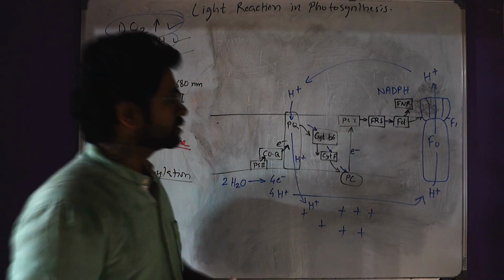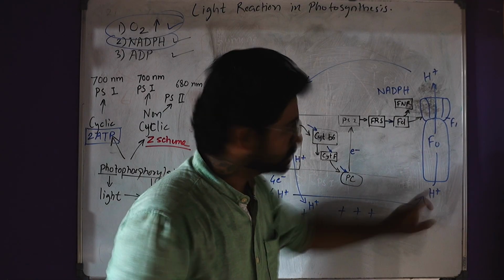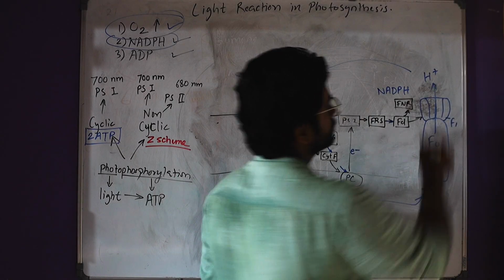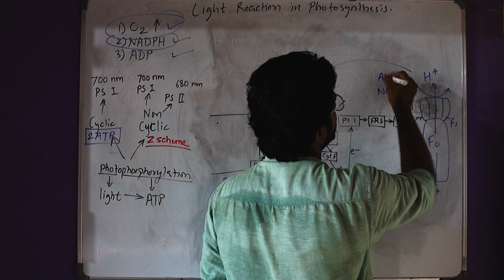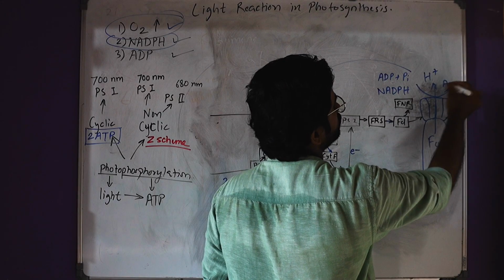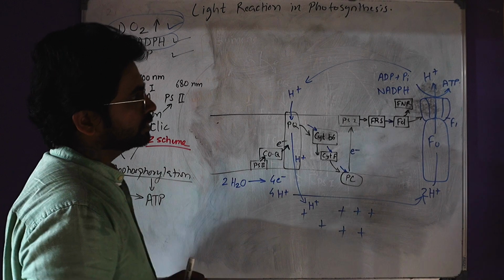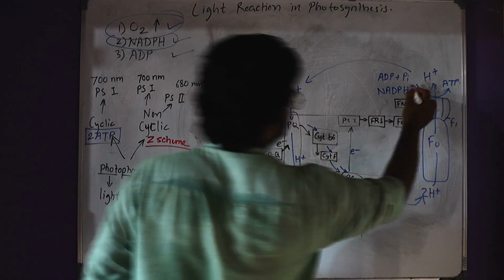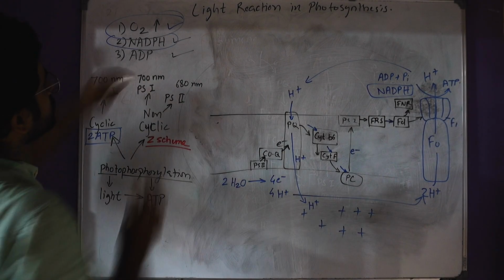Okay, so as I told you, if two protons pass through this, you will get 1 ATP. So ADP plus inorganic phosphate will give you 1 ATP. So now we have understood all the products of this light reaction. NADPH, yes, it has been produced. What about ATP?